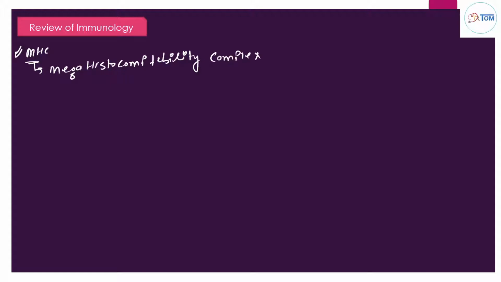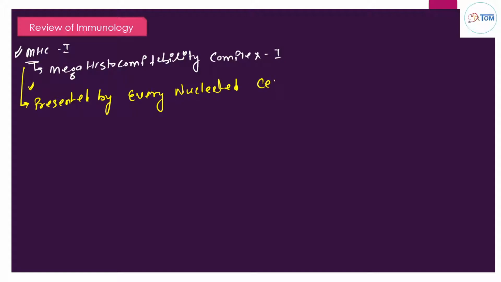This is something important, right? If it is MHC1, similarly we have MHC2, but this is very important: MHC1 is presented by every nucleated cell in the body. I'm using the word nucleated, please. This is the first thing you have to learn.